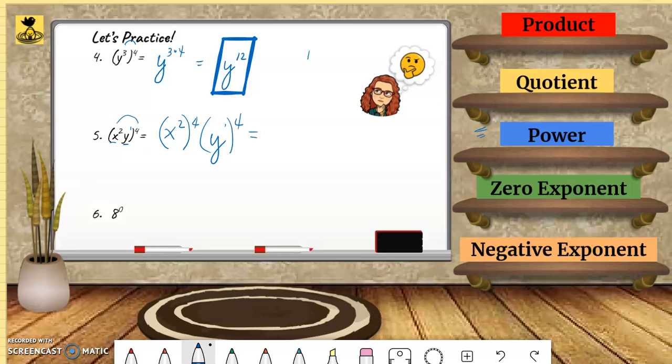And then let's simplify. So x, 2 times 4, so this is x to the power of 8, and y to the power of 4. Okay, so this is the answer now. And of course, for number 6, it's the easiest one. It's equal to 1 because 8 is raised to the power of 0, so that is equal to 1. Okay, I hope you got it correct.